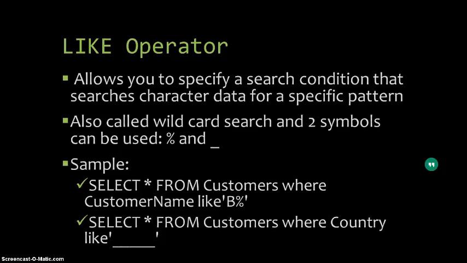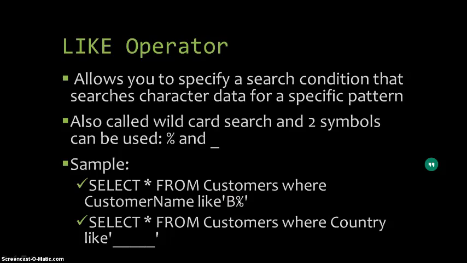The LIKE operator allows you to specify a search condition that searches character data for a specific pattern, also called a wildcard search, and two symbols can be used, the percentage and the underscore. Sample: SELECT * FROM customers WHERE customer name LIKE 'B%'.